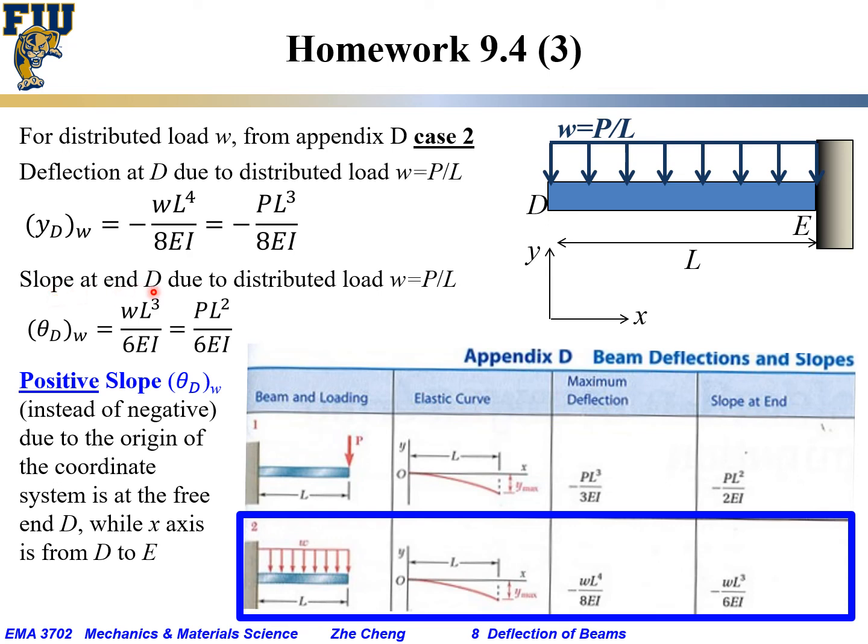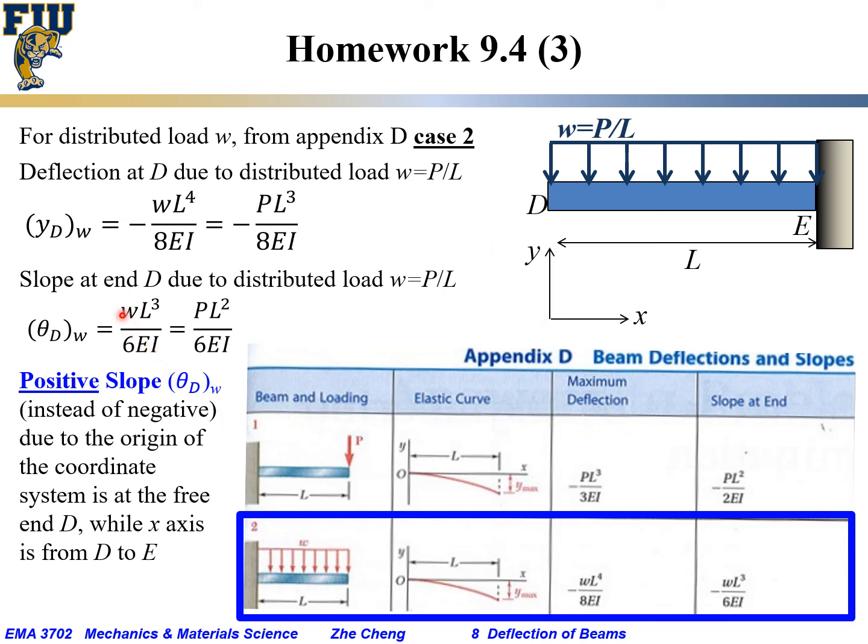Similarly, the slope at the end D, which is the end of the cantilever, due to the distributed load: the slope at the end would just be WL cube over 6EI. Here we have negative because in this plot it is going in a downward trend. But in here, because our beam will bend like this, we would have positive slope, because the way we set it up, we said the origin is on the left side.